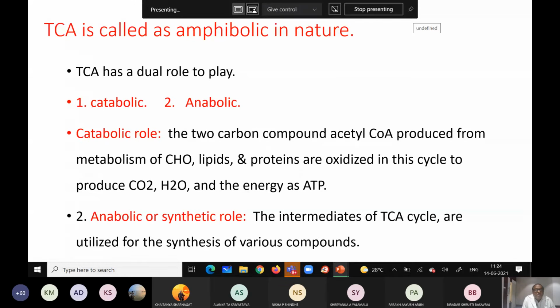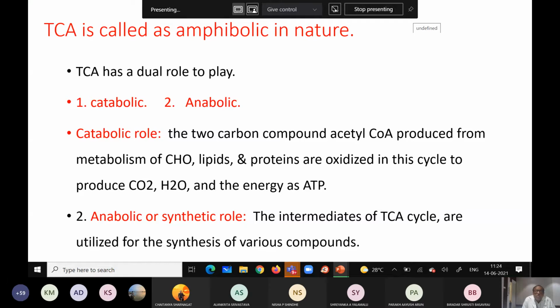Another thing is that the TCA cycle is amphibolic in nature, which means it functions for both things. The definition of metabolism is attained by the TCA cycle, that is, it performs the function of both catabolic and anabolic.